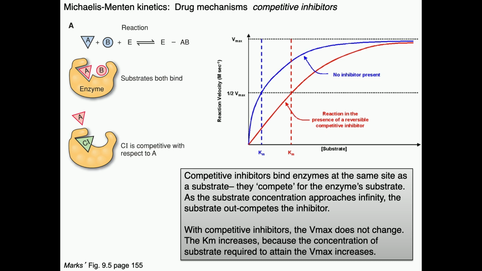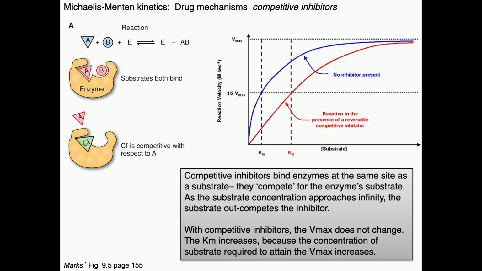And the kinetic effect is to shift the curve to make it more slanty, more leaning, and increase the Km. So at the lower concentrations of the substrate, you have to have a higher substrate concentration to get that half Vmax. The half Vmax is the same, but because the shape of the curve is shallower, you have a higher Km. Clear?